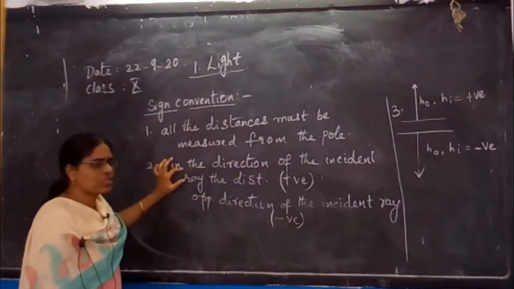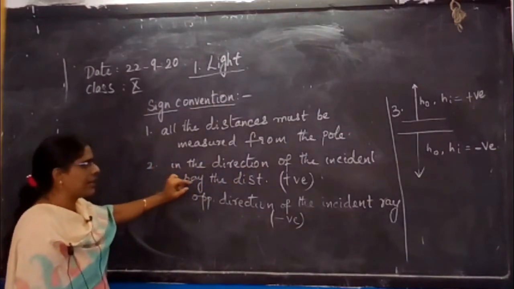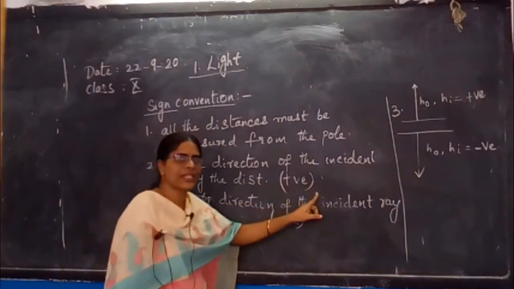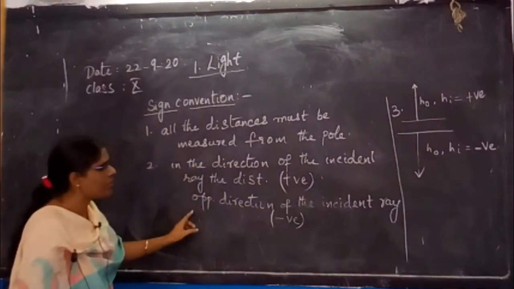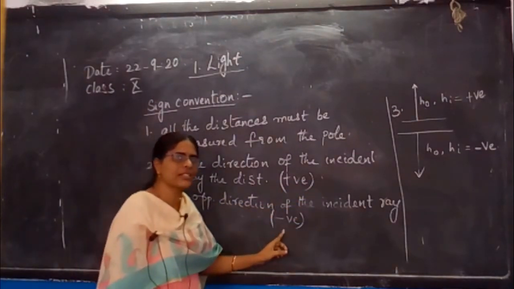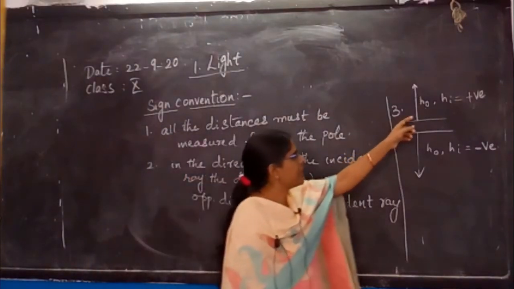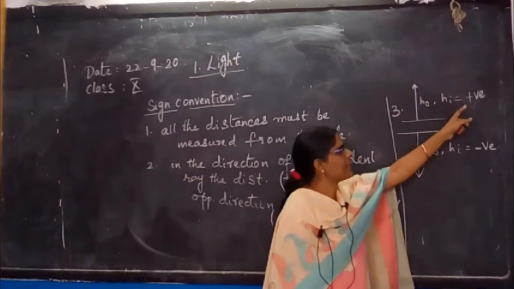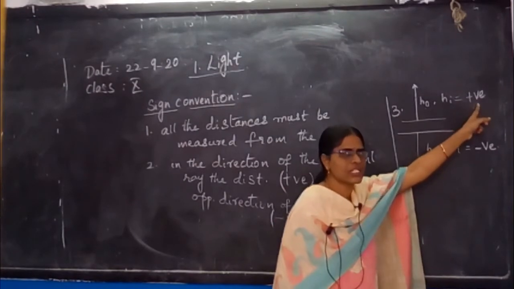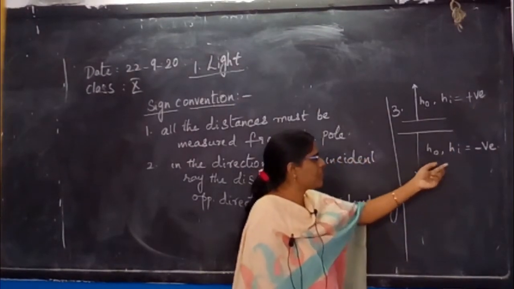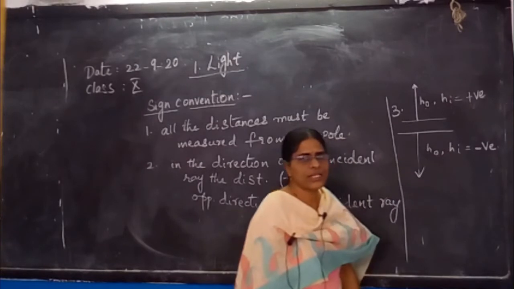In the direction of the incident ray, the distances must be taken as positive. The opposite direction must be taken as negative. If it is upwards, you must take the height of the image and object as positive. Downwards, it should be taken as negative.